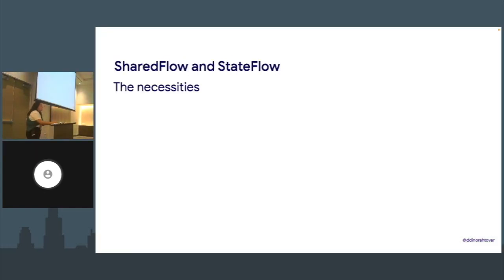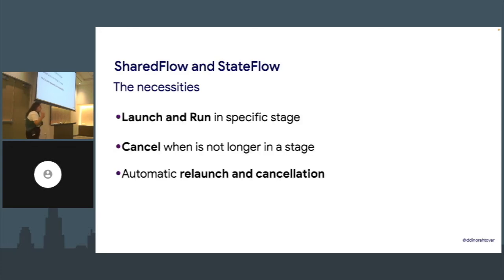So there is something we need to do with the flows if we want to use them. We need a way to launch and run all the flows we have in some specific stage. As I was telling you before, you have events, and you go from one event to another event. This process of walking from one event to another is the stage part.